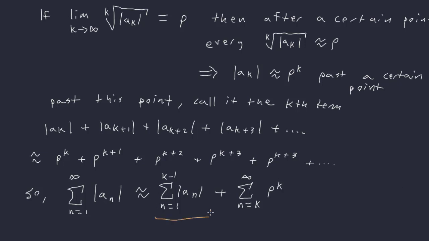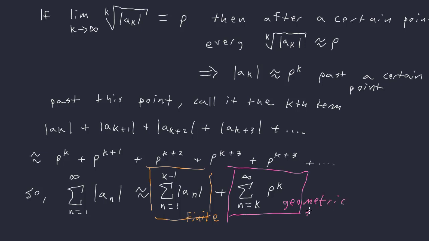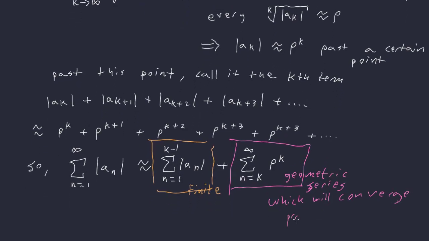So this piece is just some finite number. We don't have to worry about this. And then this is a geometric series, which will converge provided rho is strictly less than 1.